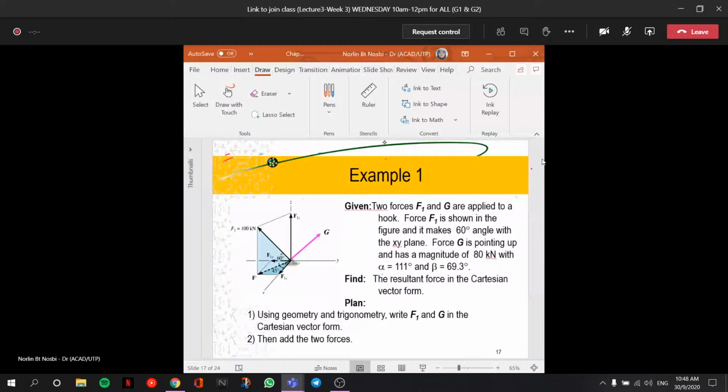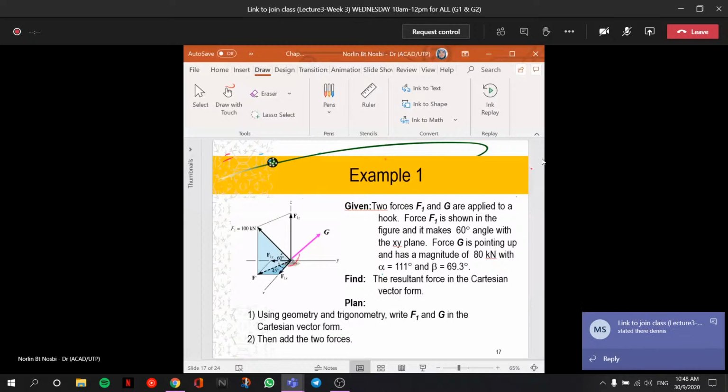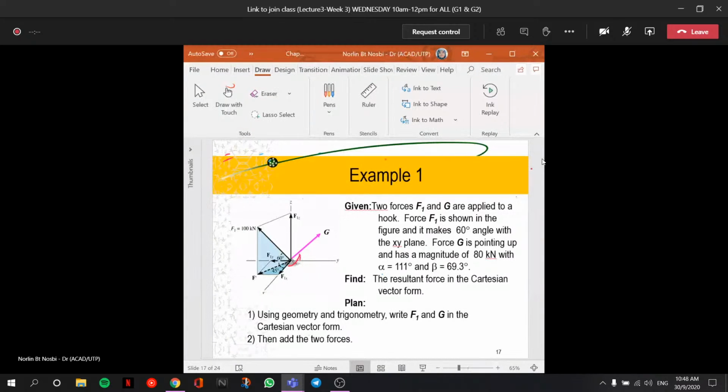So alpha is from X until G. Okay, you need to get this one. Alpha is 111 and then beta from the y-axis is 69.3.